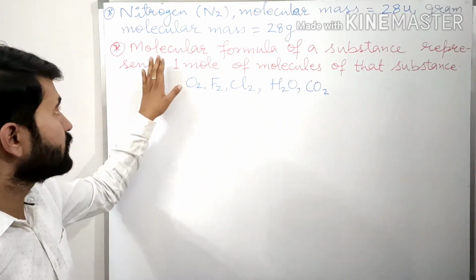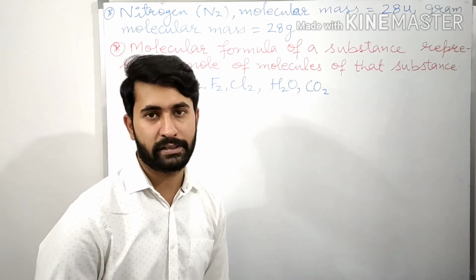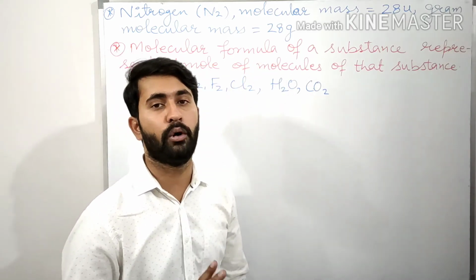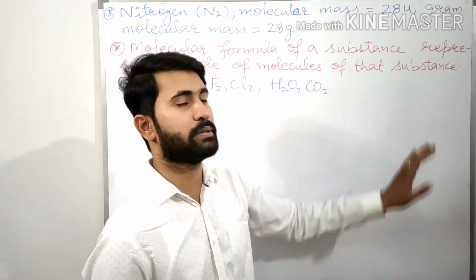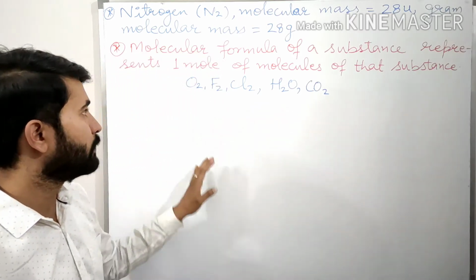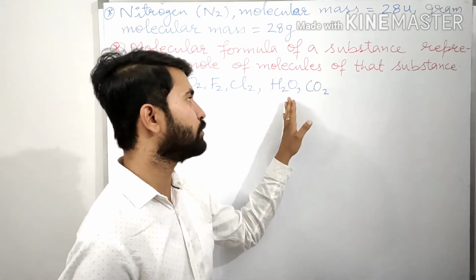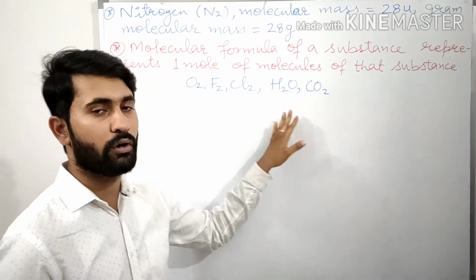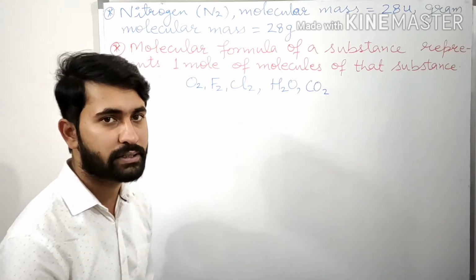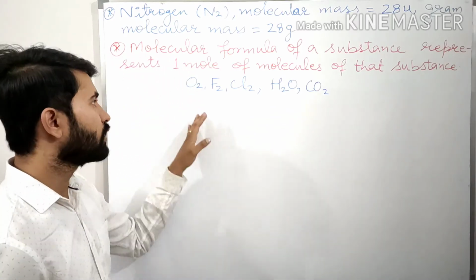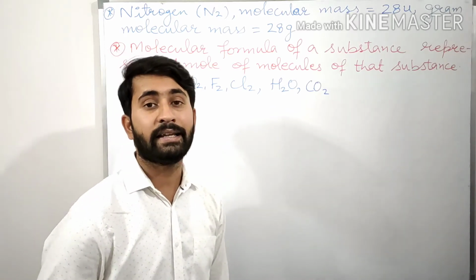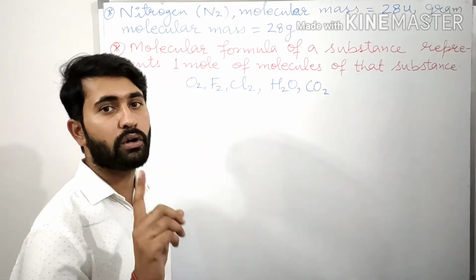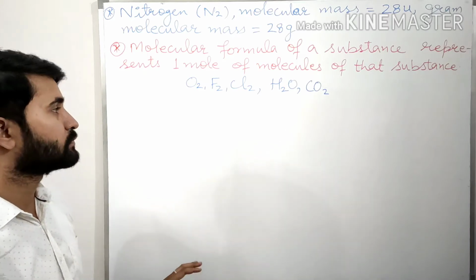The molecular formula of a substance represents 1 mole of molecules of that substance. For example, O2, F2, Cl2, H2O, CO2. They are all molecular formulas of those substances. Now O2 represents 1 mole of molecules of oxygen.